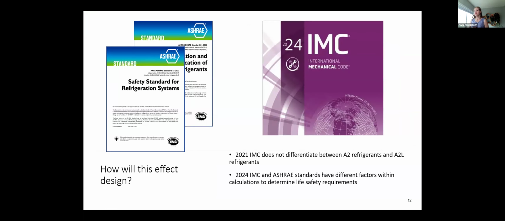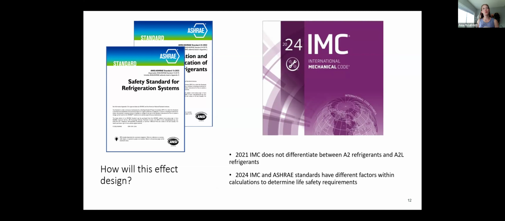So a little bit more information about how this will affect code review and what the requirements are. In the 2021 IMC, they do not have an A2L classification right now. A2 refrigerants are listed in the 2021 IECC.